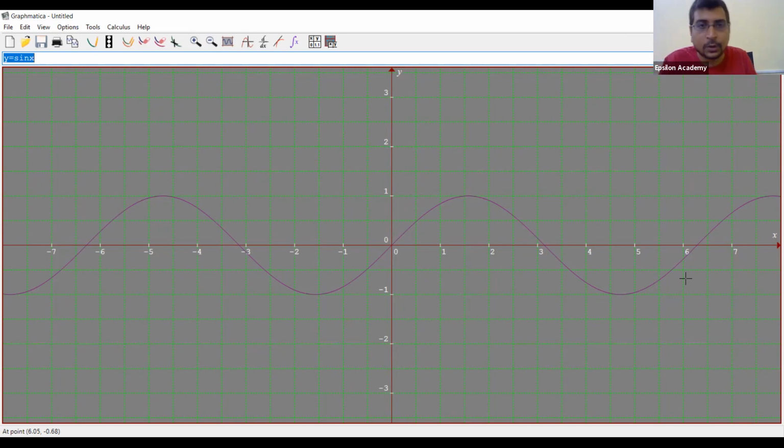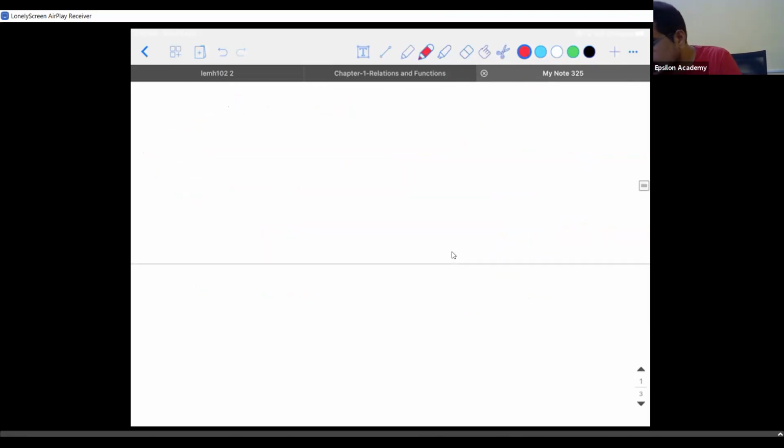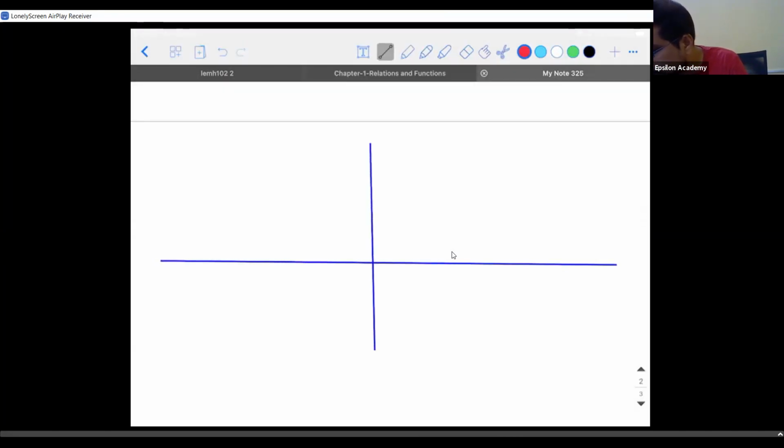Correct? So let me draw a graph and show. I hope you are able to visualize it, guys. That is more important. No confusion till now? Okay, I'm proceeding. See, if I take the graph of y is equal to sin x, then the graph goes like this.